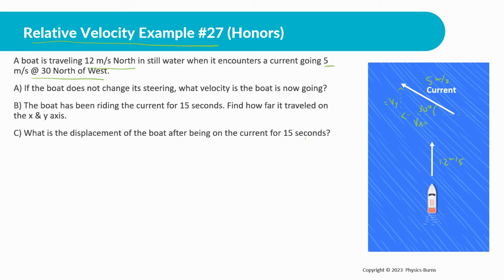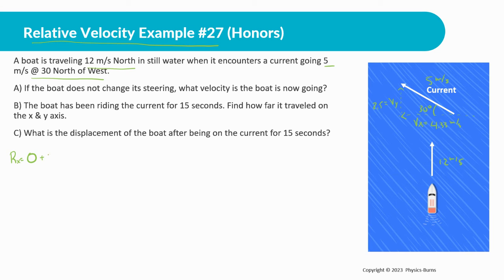So that's going to be 4.33 meters per second. And then the Vy is going to be 5 times sine of 30, which I know is already just 2.5 meters per second. Okay, so I can just do this vector addition here. I'm going to just do the resultant vector. So the resultant in the x is going to be 0 because the boat's not going in the x at all.